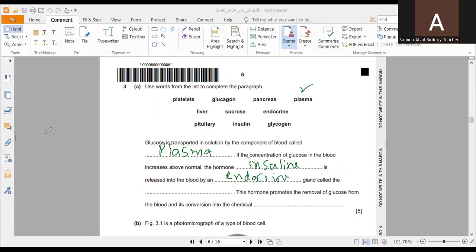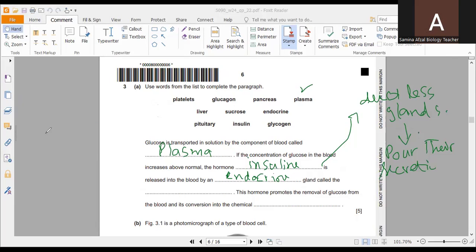Endocrine glands are those glands which are called ductless glands, which pour their secretions directly into the blood. They secrete different hormones and pour their secretions directly into the blood.